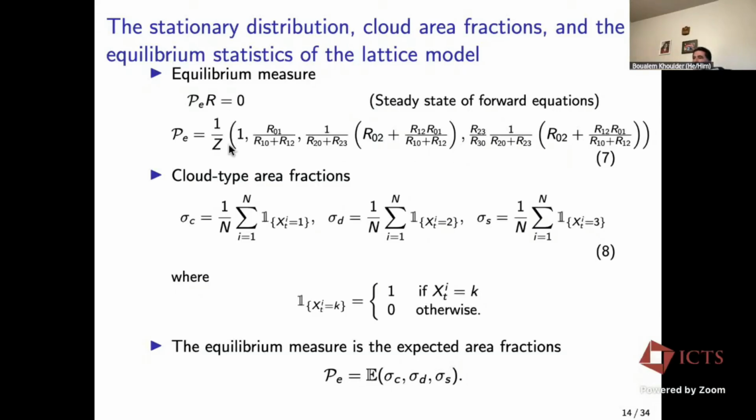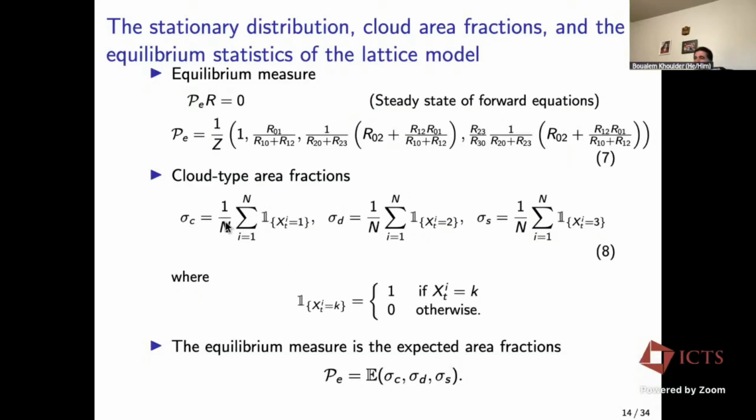Like here, it will be congestus, deep, and stratiform. This is for 3 cloud types, and Z is a normalization constant, and of course it will depend on all the rest. And these are the cloud area fractions that you can come up with. If you simulate that stochastic model, you can count how many lattice sites are congestus.